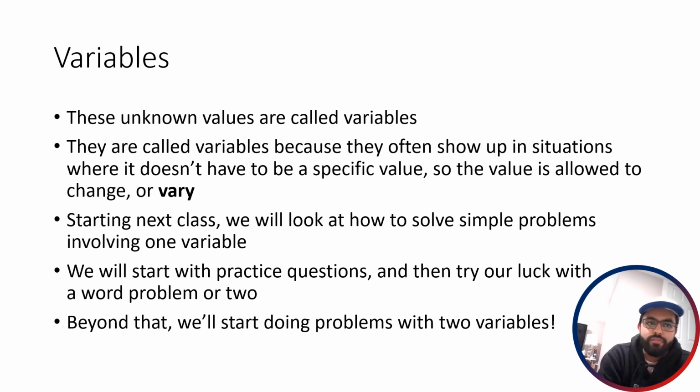And the last thing I wanted to say for today is that these unknown values that we keep talking about and that we keep representing with letters, they're called variables. Now, they're called variables because they show up in situations where, like we saw with the marks for the test, they either don't have to be a specific value, like we don't know what that specific value is right now, or that value is allowed to change.